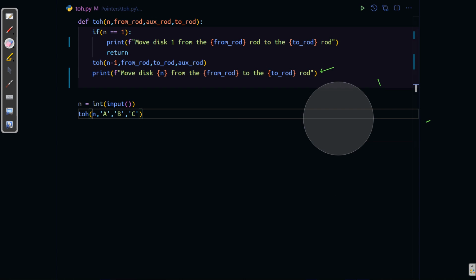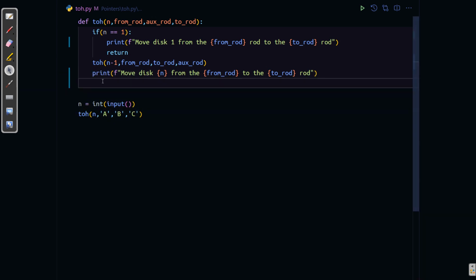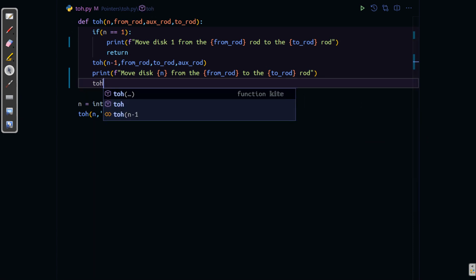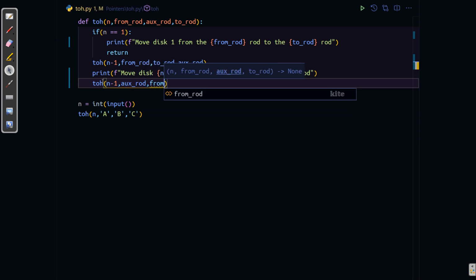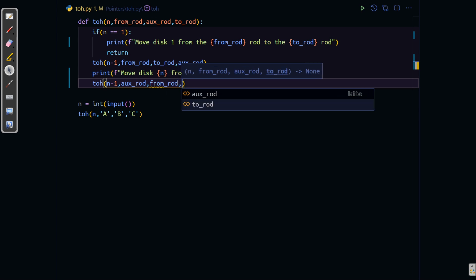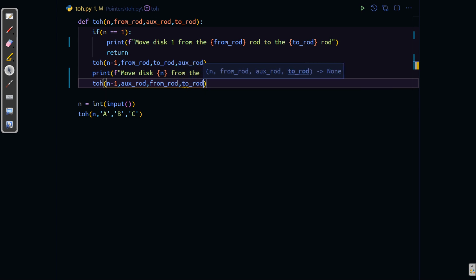So let's write TOH n minus 1, auxiliary rod, from rod, because from rod is used as the auxiliary rod here, and the to rod, and you are done. So this is how your code is going to look.